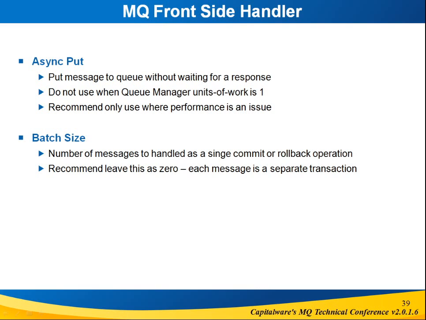It is not recommended that you use this method because essentially what it's doing is the front-side handler response section pretending that it actually did successfully put the message to the queue, whereas in reality it's actually buffering it in its own memory and then issuing a command back to the actual multi-protocol gateway to say, yep, your message got put, we can now continue. And then in background and in parallel, it puts the message physically onto the queue separately. But if something goes wrong at that point, then you're in trouble.